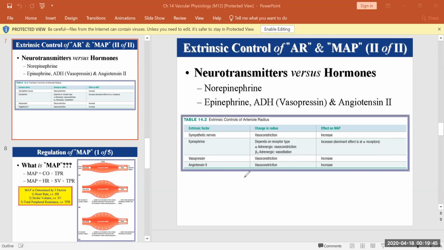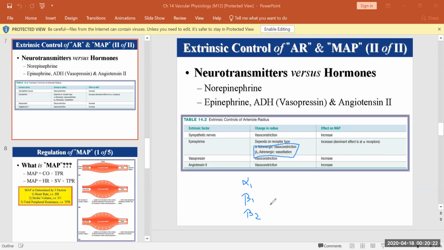The other thing that I want to emphasize is the different responses for the different adrenergic receptors, alpha and beta 2. So we're going to go back to that later. So put that on the back burner. We're going to focus on alpha 1, and we're going to focus on beta 1 and beta 2.